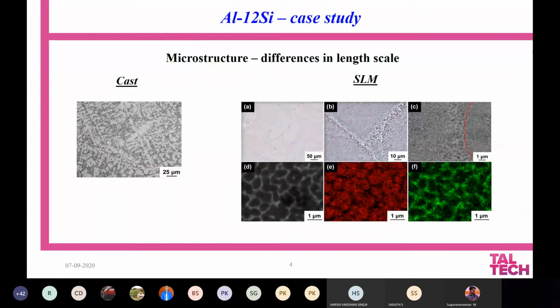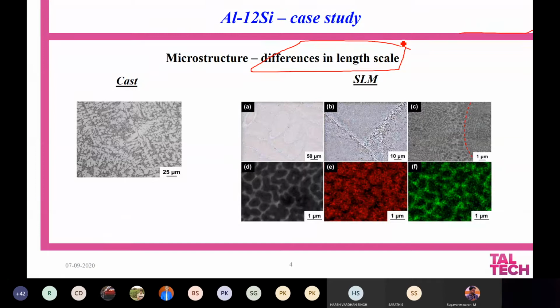As I suggested before, there will always be a difference in the length scale, especially for additive manufactured samples, and this difference is going to impart anisotropy in the material, both in terms of microstructure and properties.